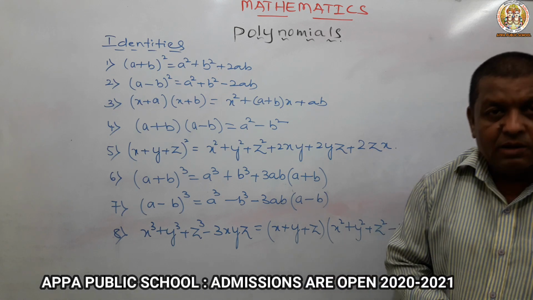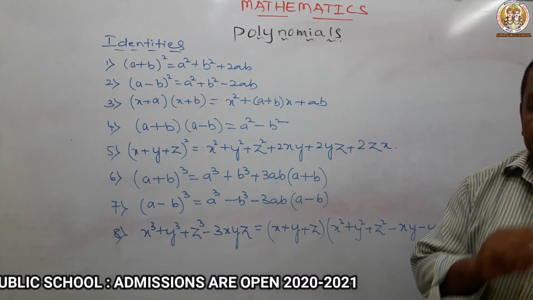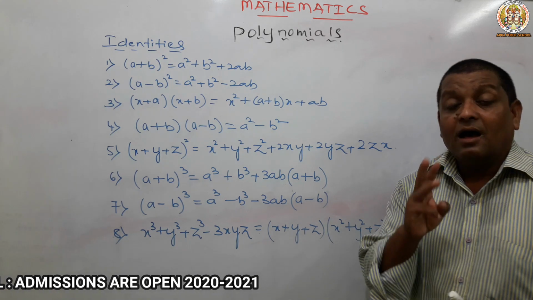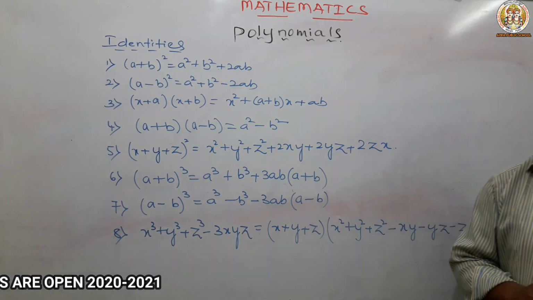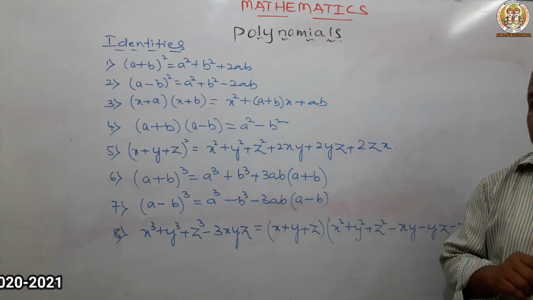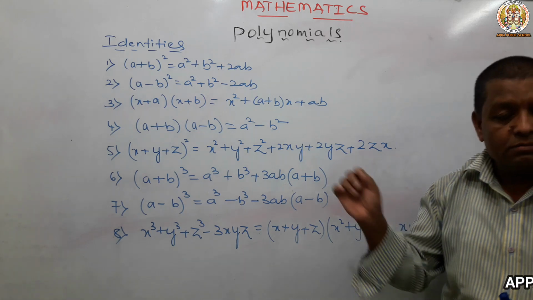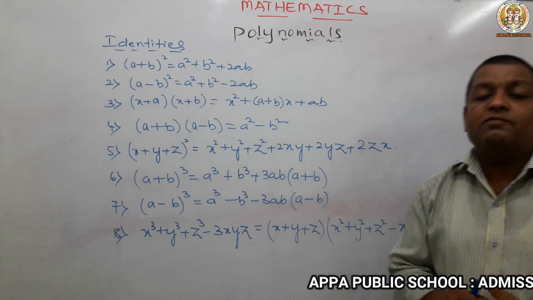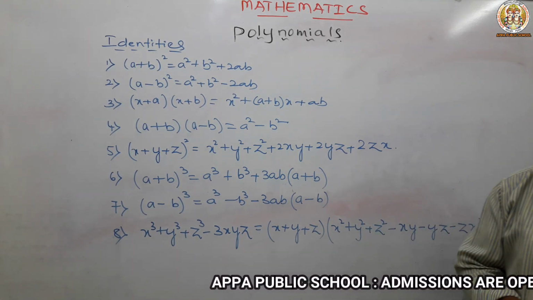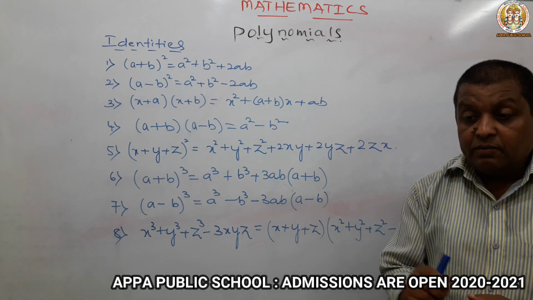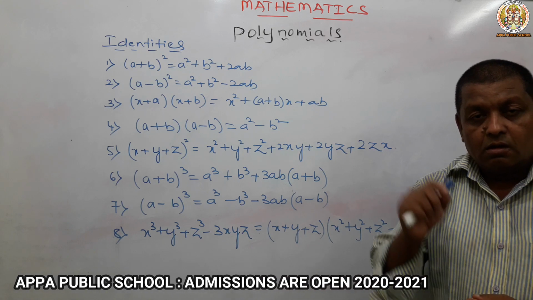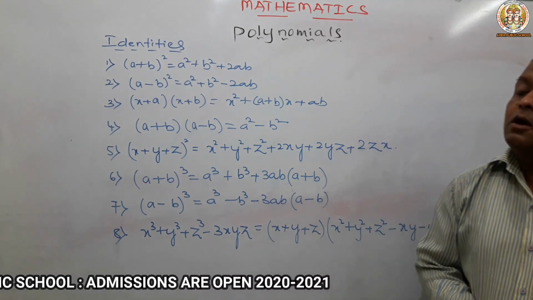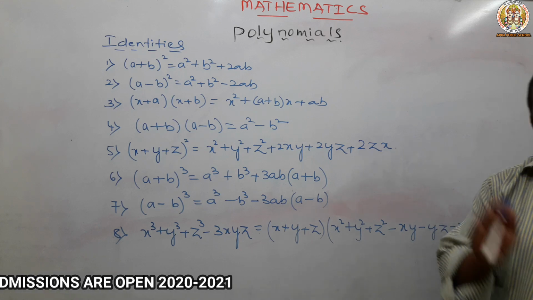Definitely, a cubic polynomial means degree 3, so it has 3 factors. Among the 3 factors, we need to find at least one factor by the inspection method. After finding one factor, divide the whole polynomial by that factor, and another factor comes.